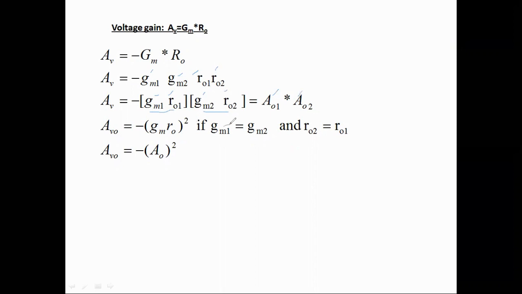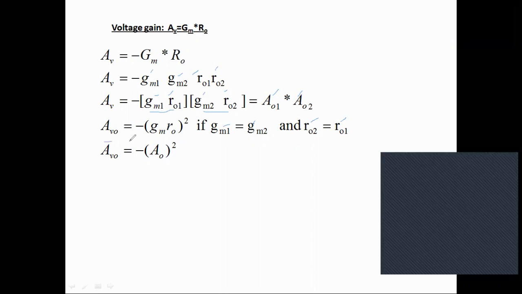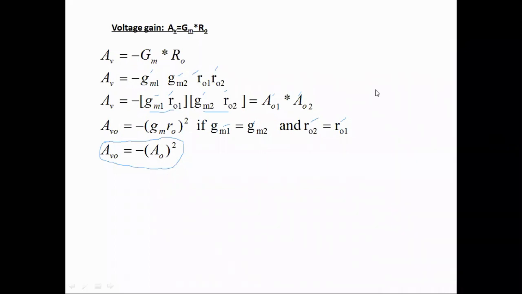If gm1 equals gm2 equals gm and R02 equals R01, then these two squared give gm R0 squared. Av0, the voltage gain, equals minus A0 squared, the square of the intrinsic gain. This is the voltage gain of the cascode amplifier.